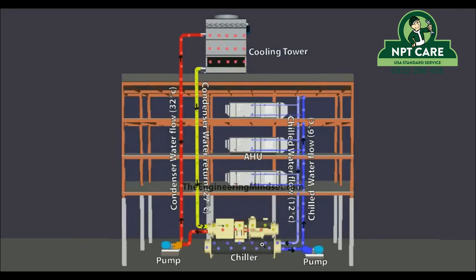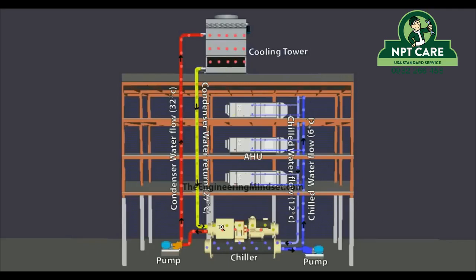Now the heat that leaves this circuit here is transferred via a refrigerant over to the condenser. These two systems are completely isolated from each other. There is just a refrigerant which transfers the heat between these two circuits.